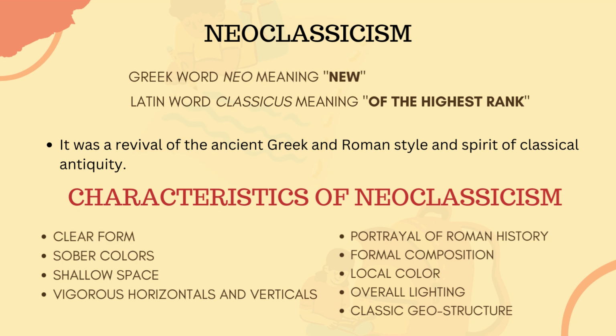Later on, you will see those, because some artists of the neoclassic period portray significant events during Roman history. Another characteristic is formal composition, local color, overall lighting, and classic geostructure.